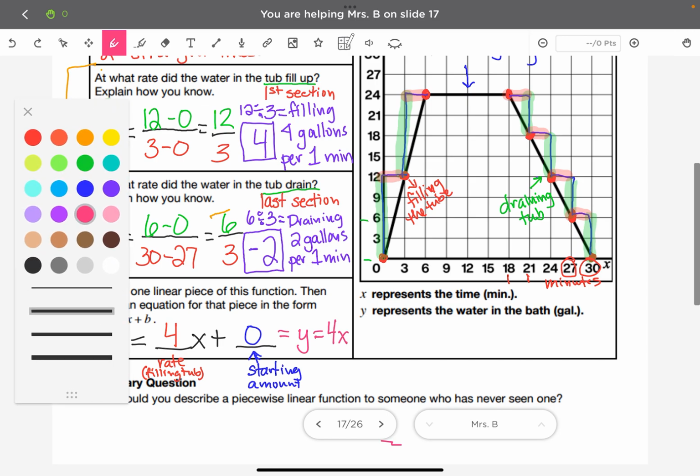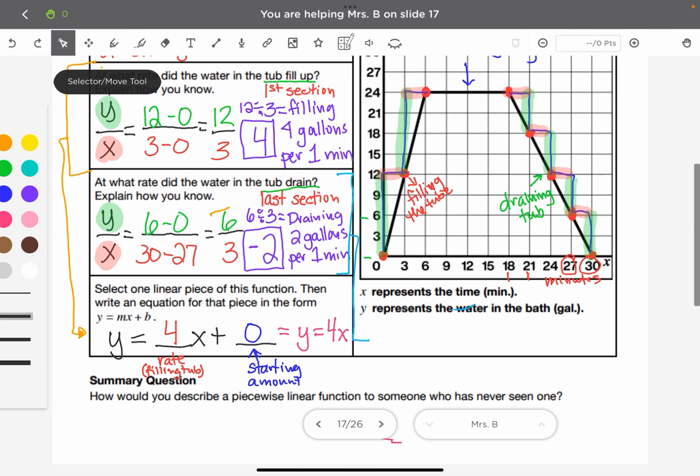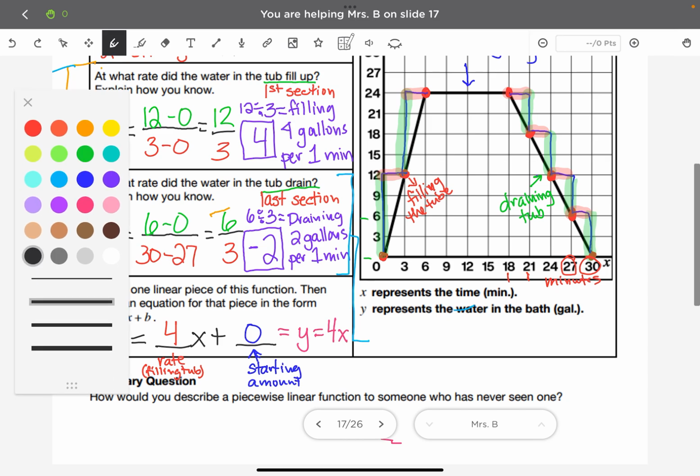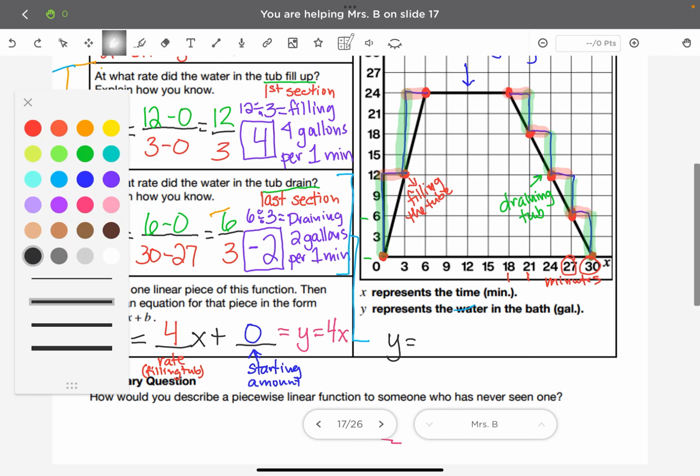Now, if I wanted to do the second part, let's now write this equation and we're going to put it underneath here. I can set up my layout, and I know that it's going to be y equals blank x plus blank.